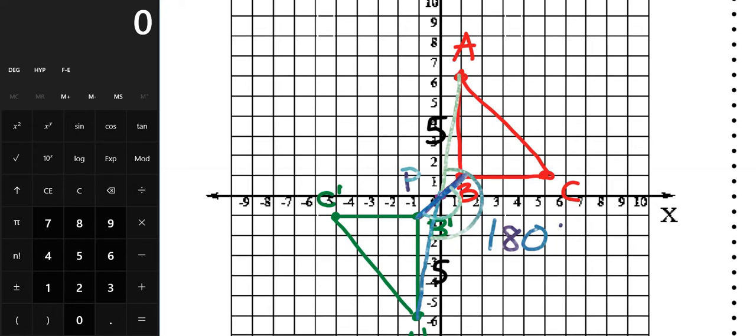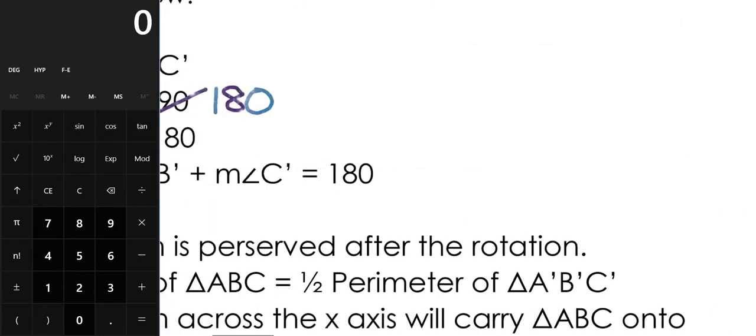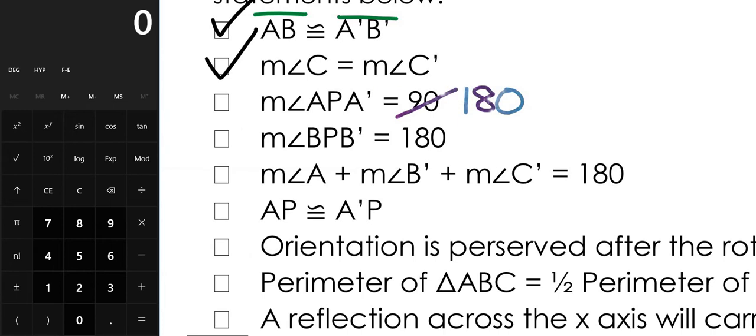So it's 180 degrees, which makes sense because if we rotate 180, then you're going to form a 180 degree angle when you connect the before and after to your center of rotation. So this is correct according to our visual and according to our understanding of what a rotation is. So I'm going to go ahead and select that yes, this is correct.